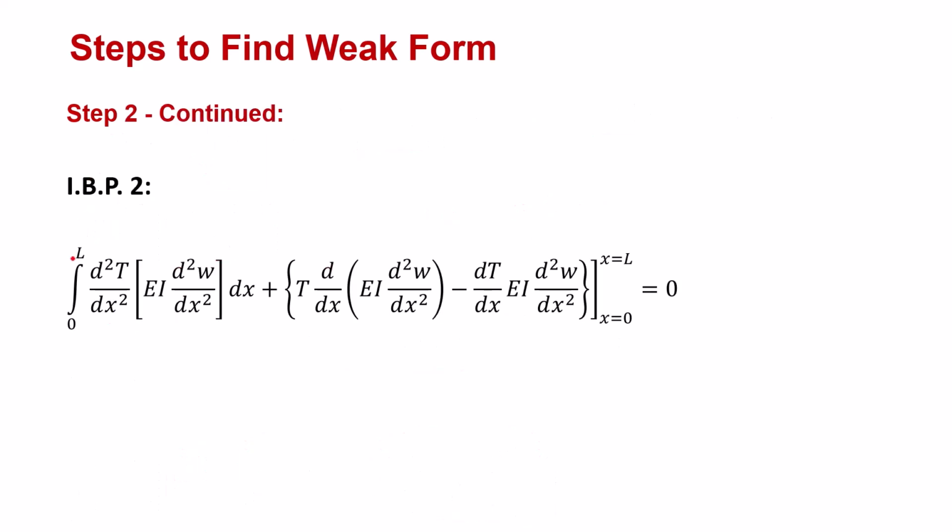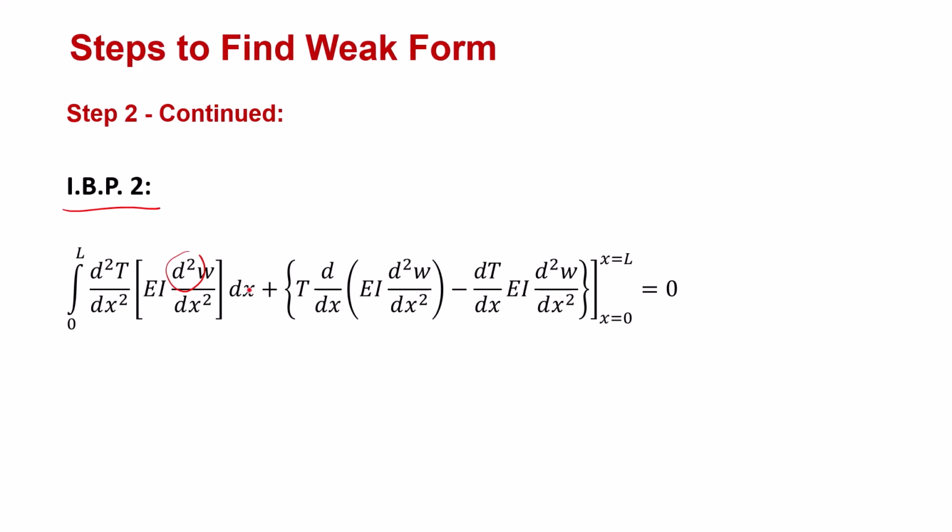And we have the IBP2 here. If we perform the integration by parts for the second time, some other expressions show up. The derivative order on w is reduced again. Now we have d squared here, and the highest derivative on w inside the integral is now second order.